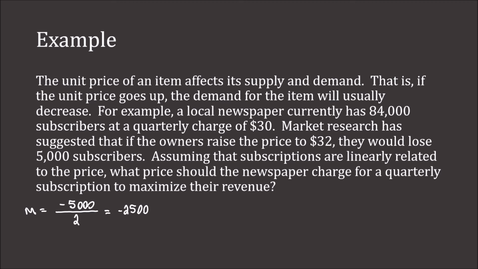So if S is the number of subscribers, P will be the quarterly charge. We can write this as S minus 84,000 subscribers is equal to negative 2,500 times P minus $30. Here I'm taking just a single point, the 84,000 starting subscribers and the starting quarterly charge of $30.